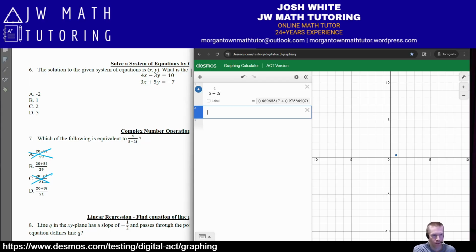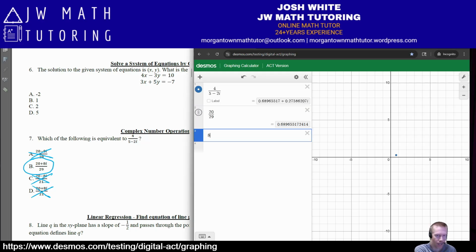So for example, in B, I'm going to first check the 20 over 29. That is 0.689655517. Notice that looks very similar to the number in the front. That should be the correct answer. Whereas in D, if I do 20 over 21, that doesn't match, so that's not the correct answer. The correct answer is letter B. However, you could also check the i coefficient, meaning 8 over 29, which is .2758620.